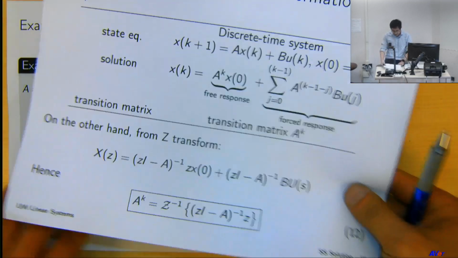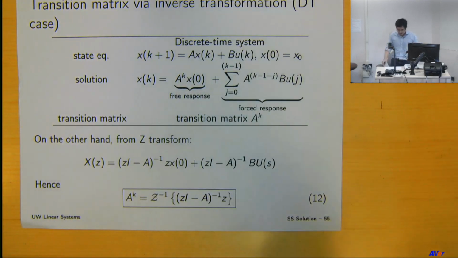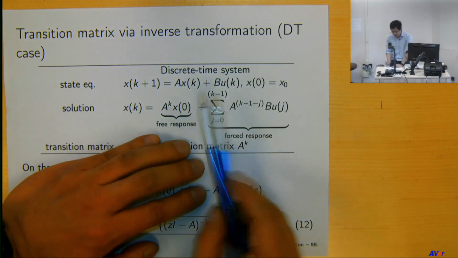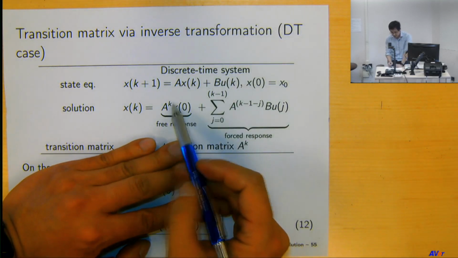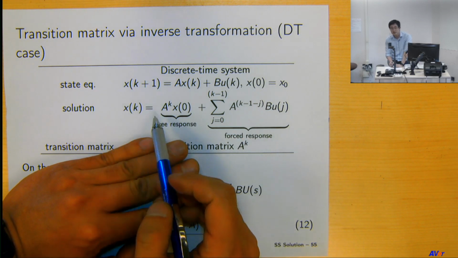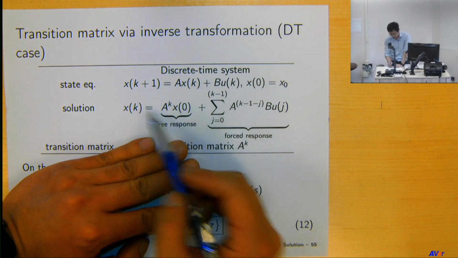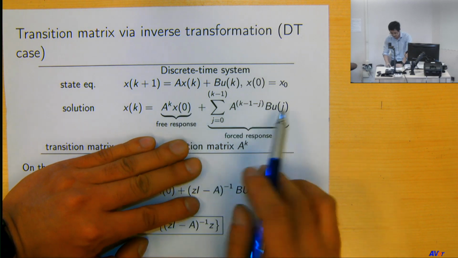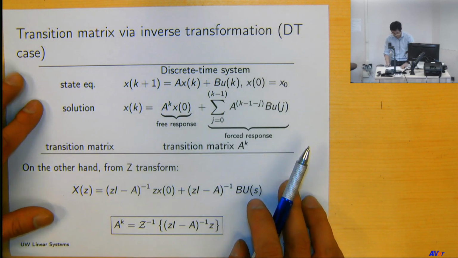For the discrete time case, it's exactly the same logic. We already talked about how we can solve the system in discrete time. The solution has the free response A^k times x0 and then a bunch of summations.